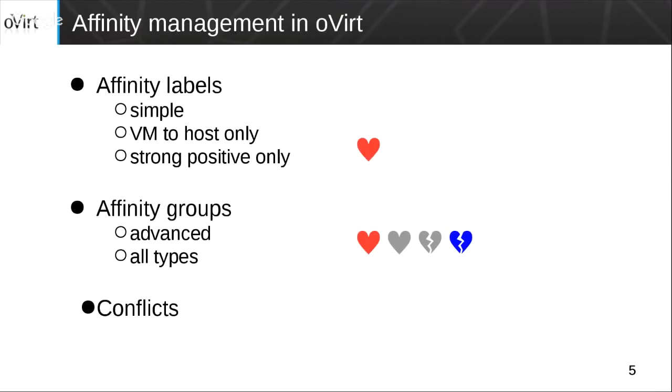Okay, so affinity management in oVirt: as I said, we have two major types of affinity in our system. Affinity labels are quite simple. You can look at them basically as requirements that a VM wants from a host. Some examples for requirements: we want a VM to run on a host that satisfies DB requirements, finance requirements, some services, weak or strong requirements.